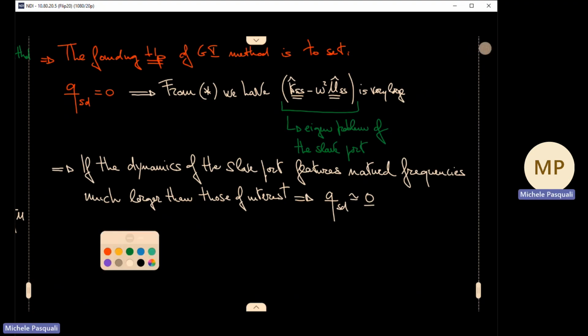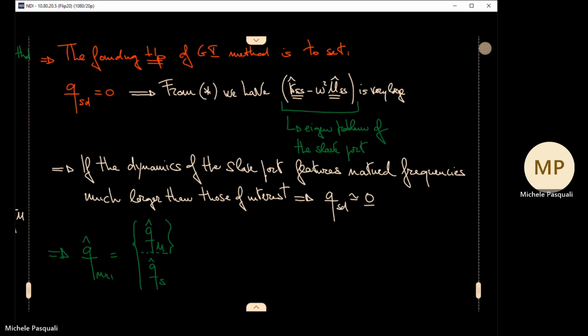And therefore, we have that Q, which is an n times 1 vector, which is typically divided into a master part and a slave part, we can rewrite it as identity matrix, here we have SS, QM.